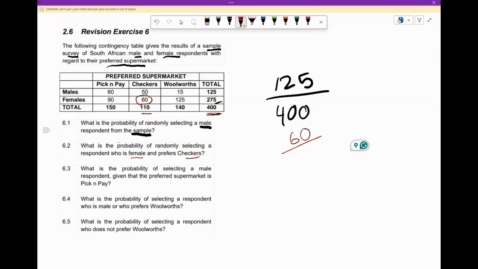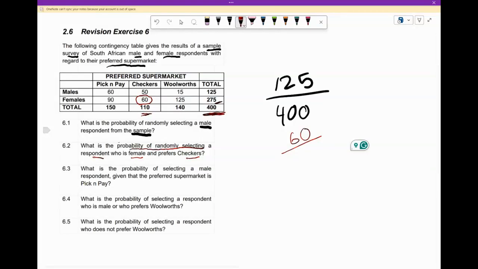Did we say we are only selecting females? Okay, but the 110 has males. Yes, the 110 has male, and I was trying to show you that the 110 is those who prefer Checkers. Can you see that? So they are simply saying, what's the probability of randomly selecting a respondent who is female and prefers Checkers? We know all the ones that are female and prefer Checkers are the 60. But we're still talking about everybody who's been surveyed.